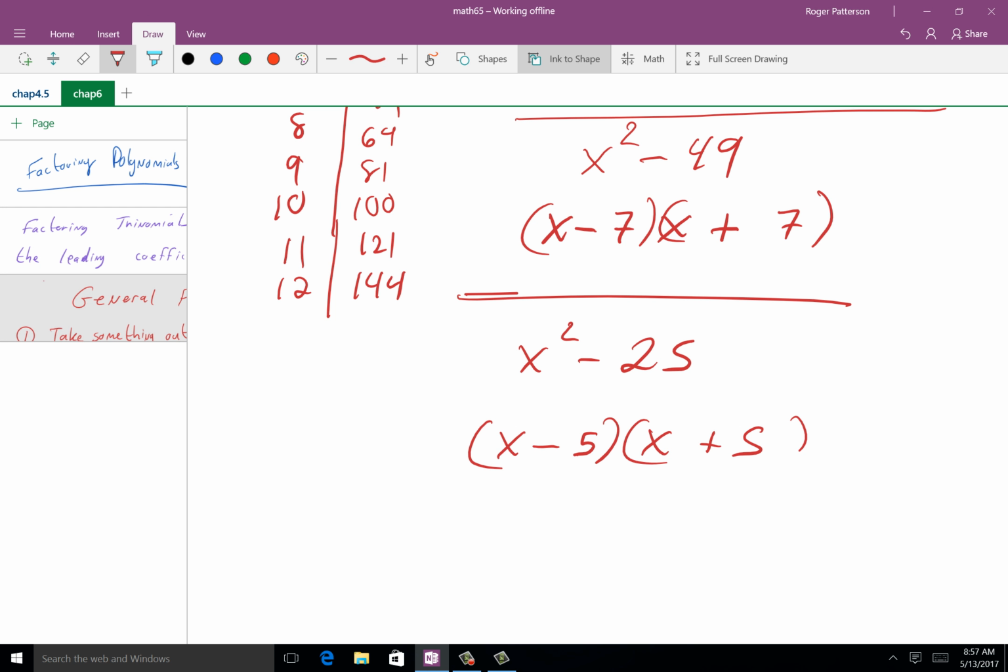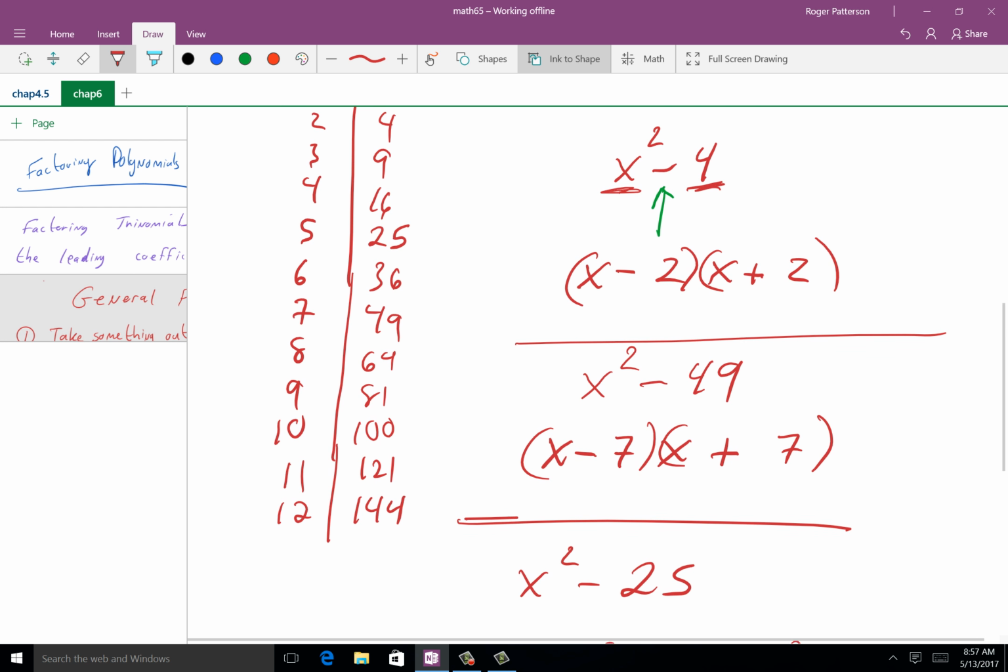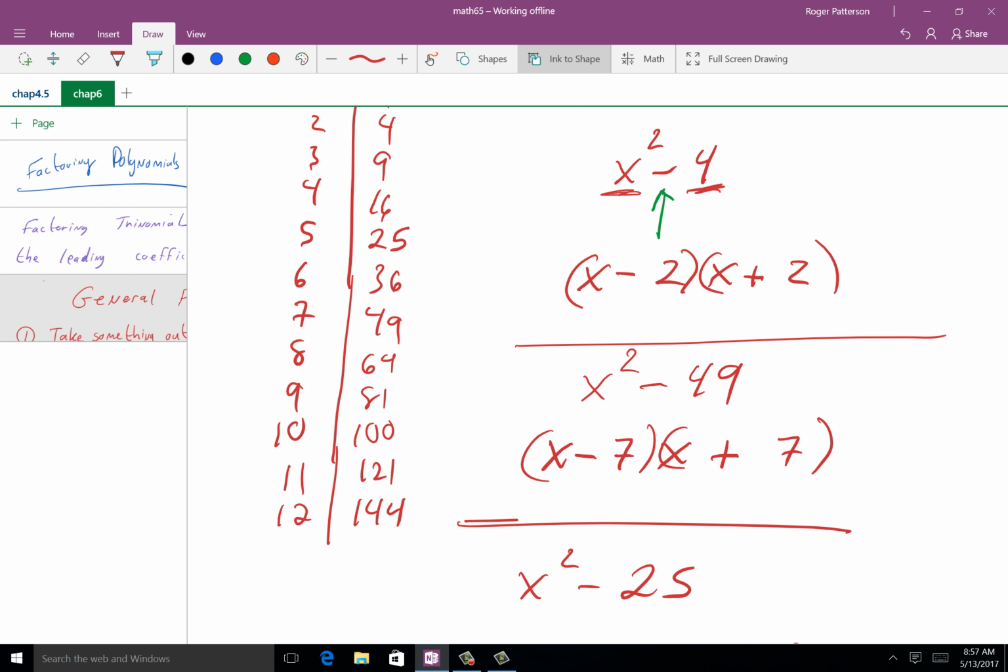Again, it doesn't matter which order you write it in. It's basically putting down the x's and then adding one side minus one side addition, and then whatever the perfect square root is. So if it's like 36, we put 6 on both sides. Difference of 2 squares.